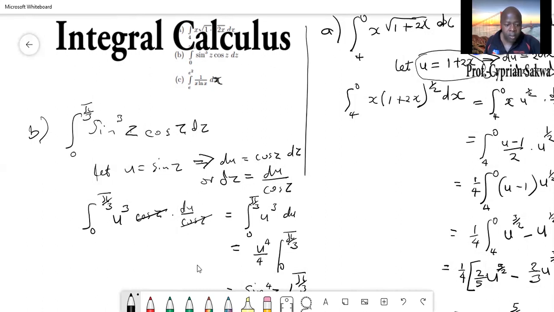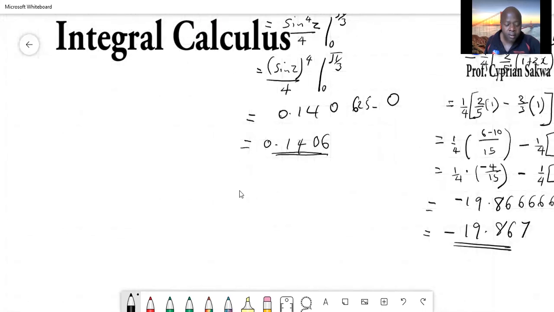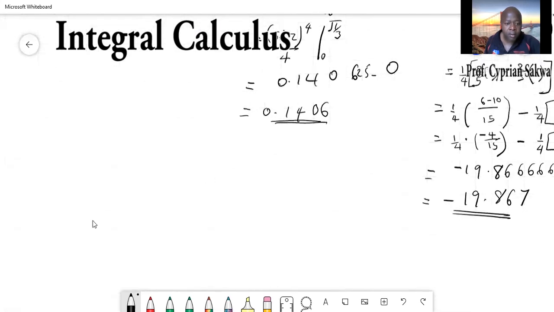So let's try and do it. The question was the integral of 1 over x ln of x dx from e to e raised to 2.